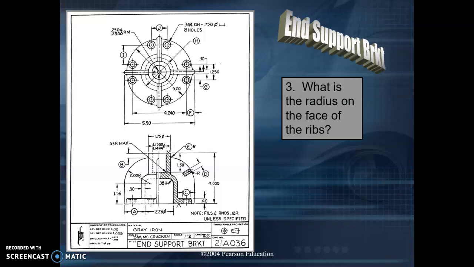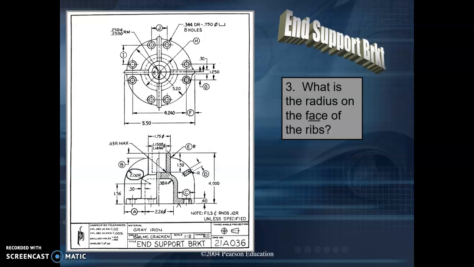What is the radius on the face of the ribs? Now this one is always a little bit confusing because I think some people interpret this question as meaning this radius, the radius of this curve here, because this is a rib. It's not triangular in shape, it's curved, but that's not what is meant by the face of the rib.